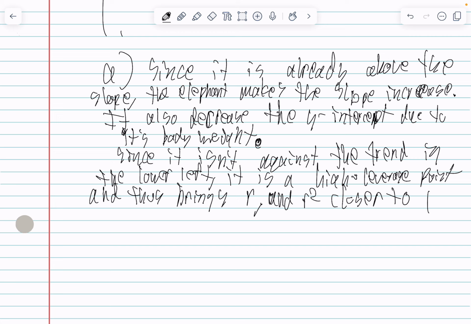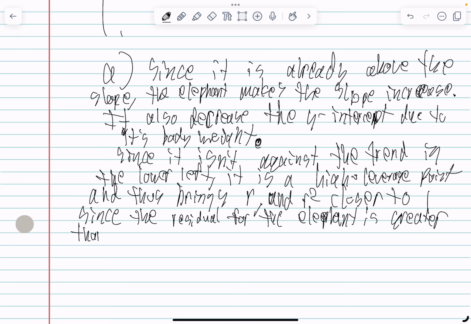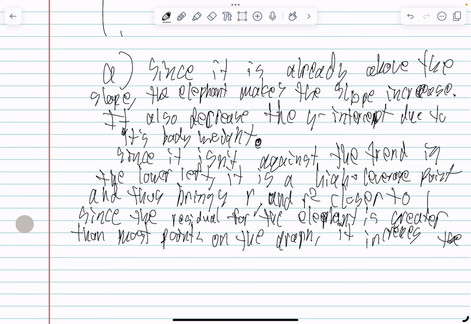And then it also asks about S. Since the residual for the elephant is greater than most points on the graph, it increases the standard deviation of the residuals.